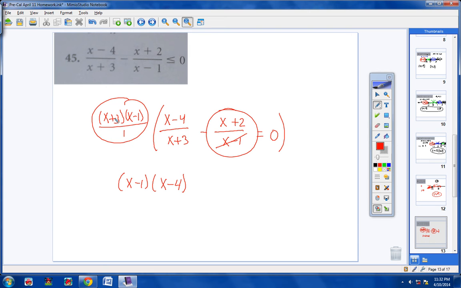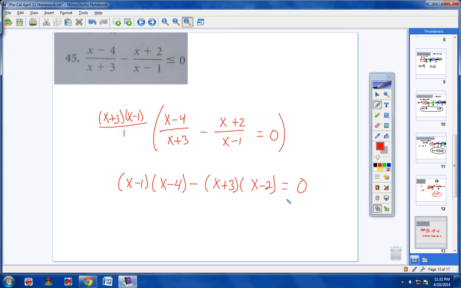Your x minus 1 cancels with your x minus 1, leaving you with x plus 3 times x plus 3. Now be careful. Notice there's a minus sign here, so I'm going to very carefully bring down my minus sign and then put x plus 3 times x minus 2 equals 0.